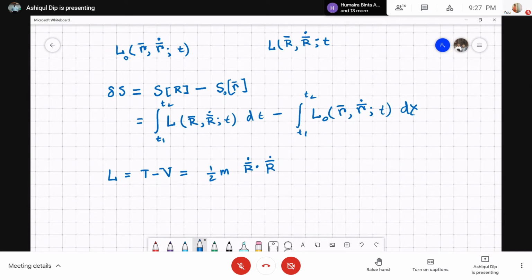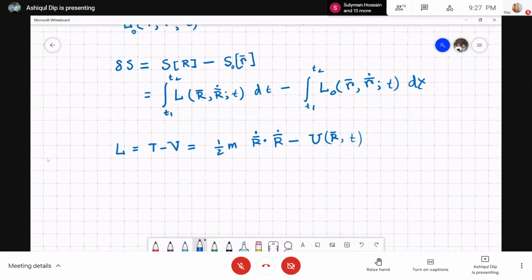Okay, so half m r dot squared minus V, or we call it the potential, U of r, like that. It could in principle depend on t as well. It's actually not a concern for r.